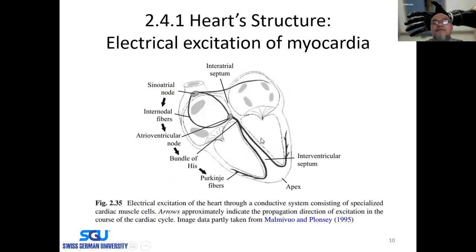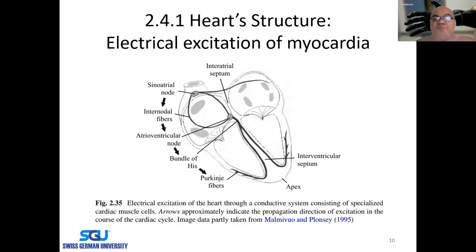Okay, so as we have mentioned, the heart is basically an electromechanical organ, because this heart contraction has a certain rhythm, because it has its own electrical system that excites the stimulus locally in the heart.